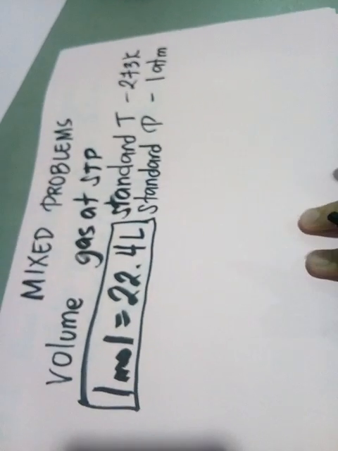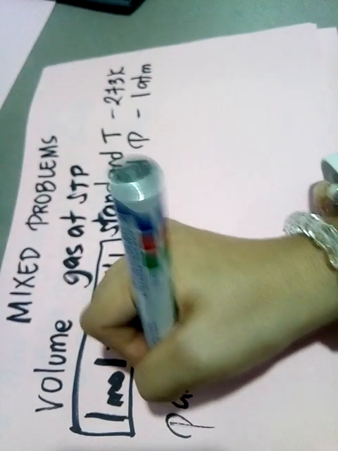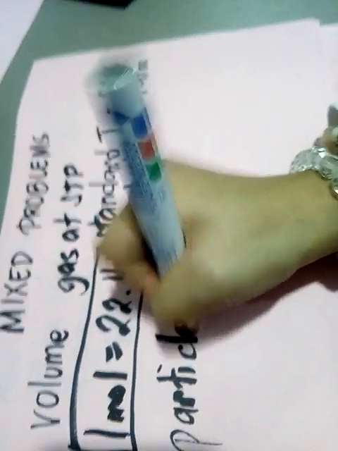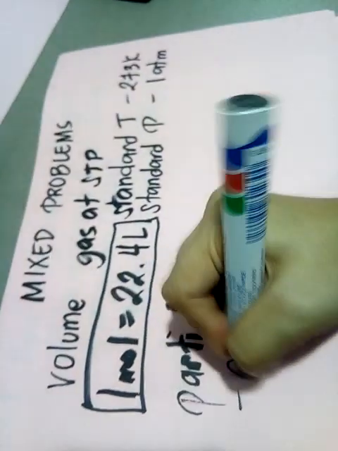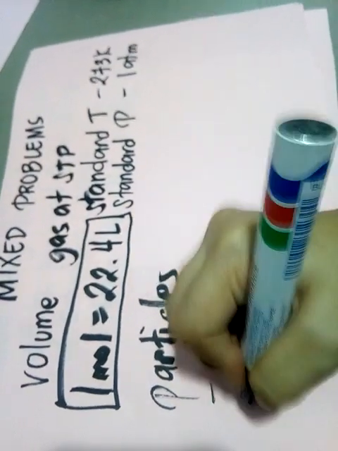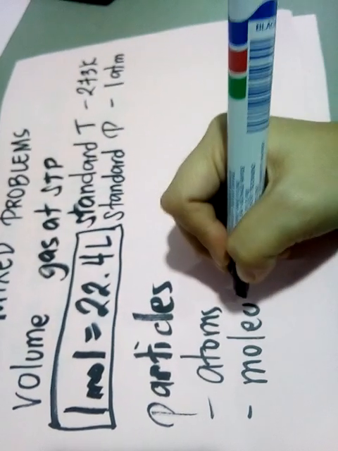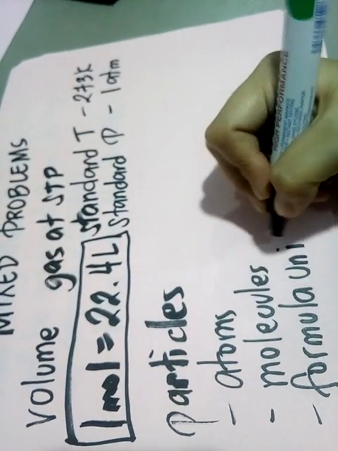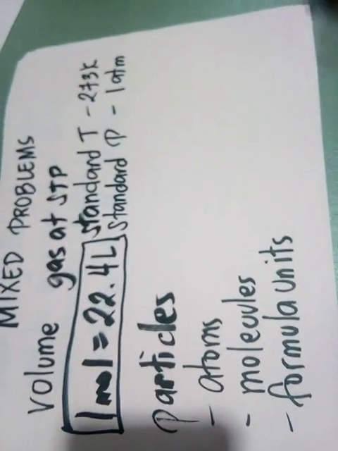Now, what's another quantity? Another quantity would be particles. We know that particles can be atoms, molecules, or formula units. Now, how will we relate particles to mole? You're very familiar with this. Avogadro gave us the equivalence of particles and mole.